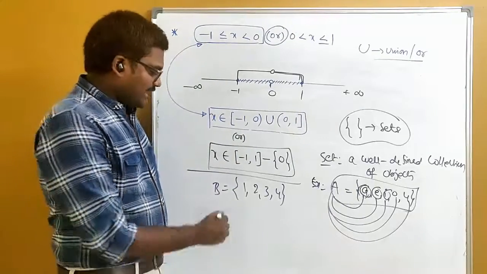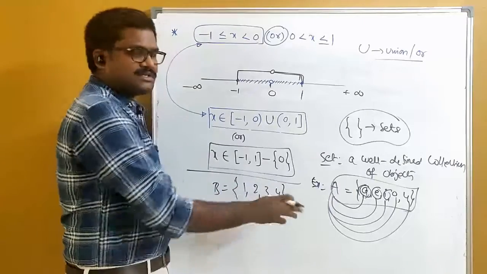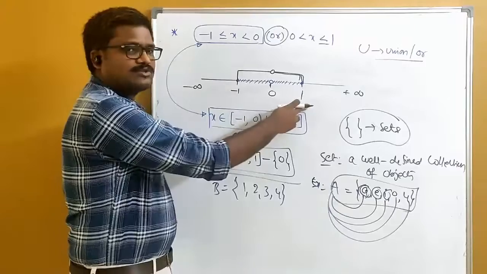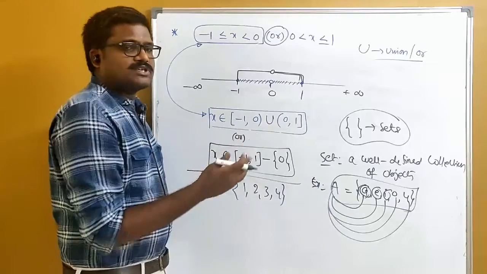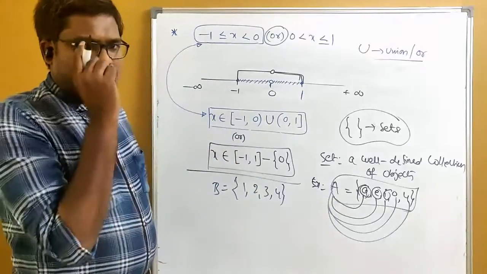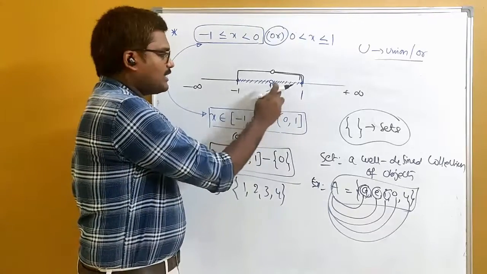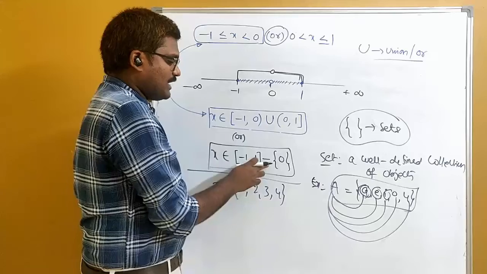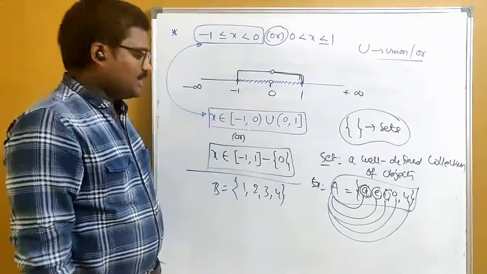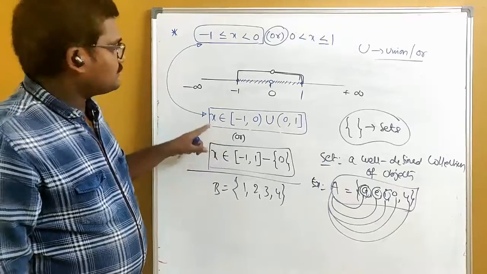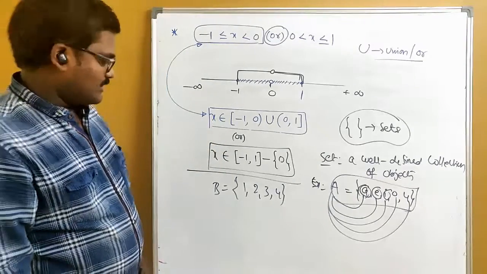So I cannot accommodate those real numbers in this set listing, because there are infinite numbers between -1 and 1. Those types of sets are called infinite sets. So I am taking all the elements between -1 and 1, but I am excluding 0. That's why I am removing that element 0. I hope you understand this notation clearly. These two are same, and this is also same as this one.